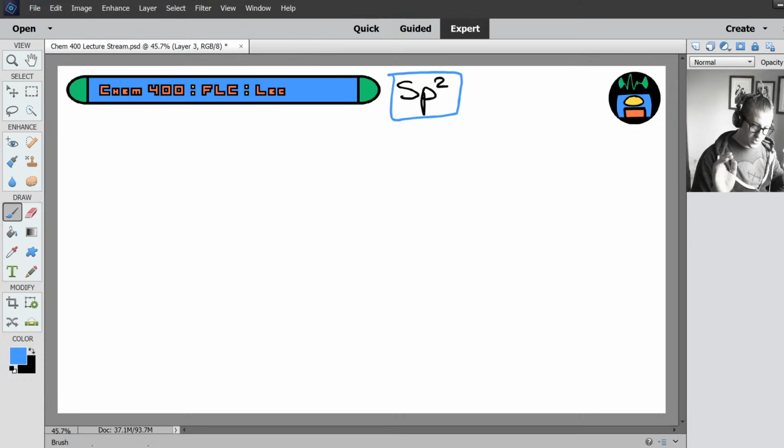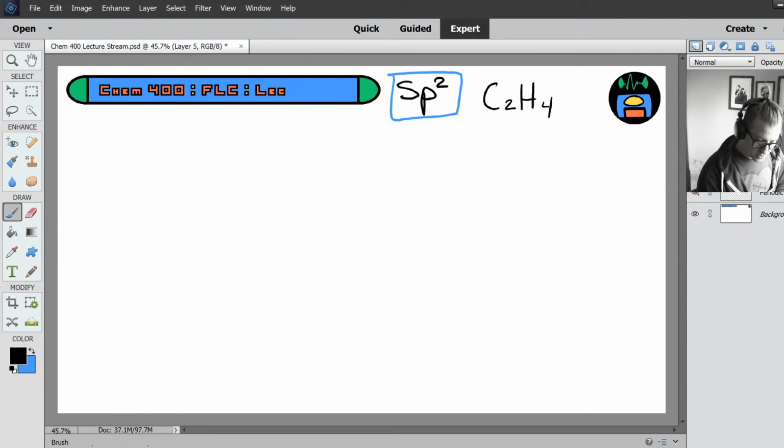So to highlight sp2 hybridization, to see it in real life, we're going to look at the molecule C2H4. Now, if you draw out the Lewis structure for C2H4, I'm just going to do this quickly.